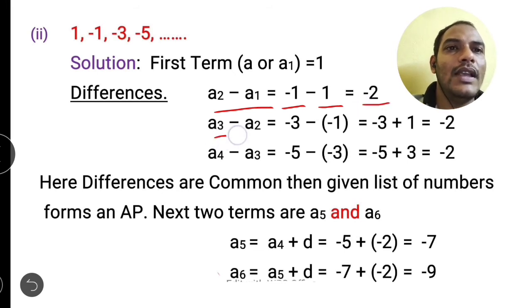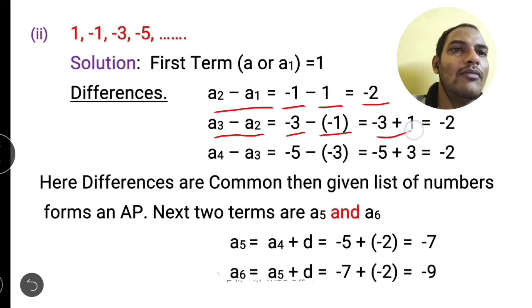Second difference, A3 minus A2. A3, the third term, is minus 3, minus A2, the second term, minus 1. So minus 3 minus of minus 1 becomes plus 1. So minus 3 plus 1 equals minus 2.